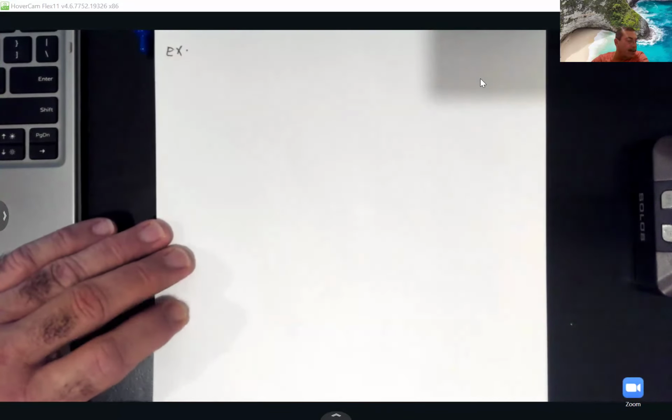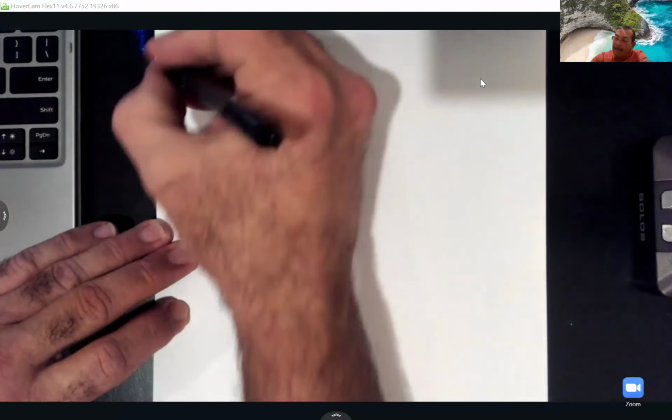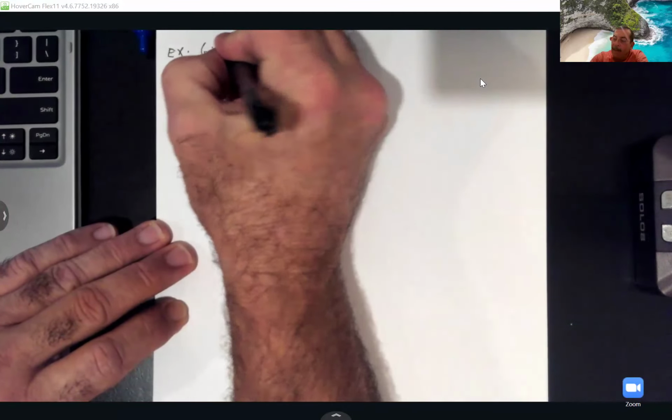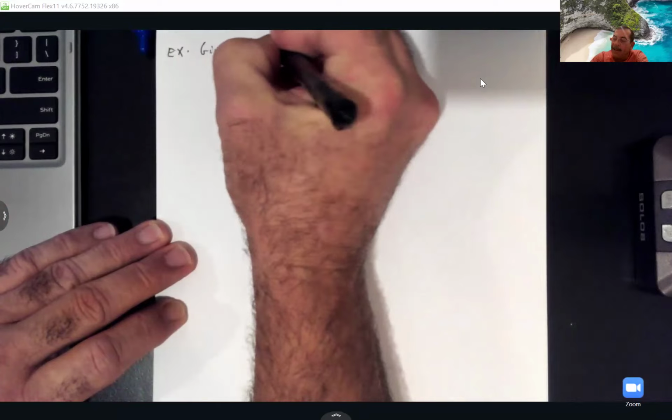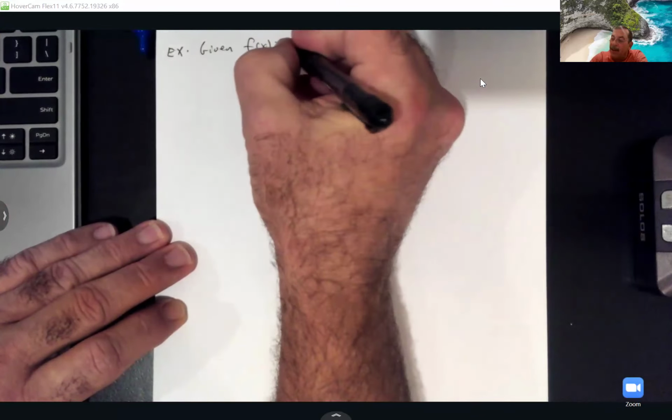All right, so this one has given f of x equals x to the third.